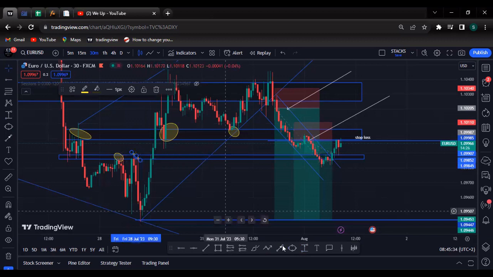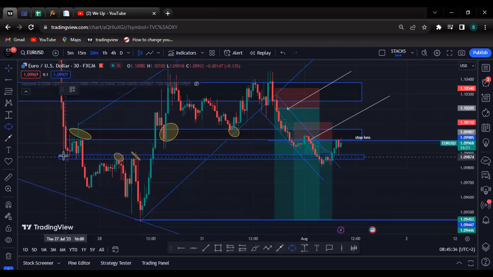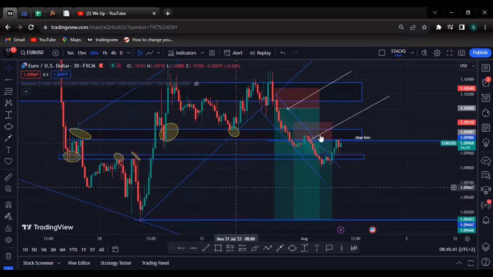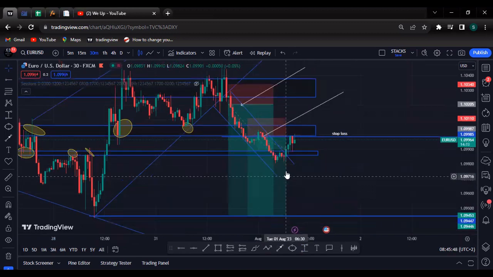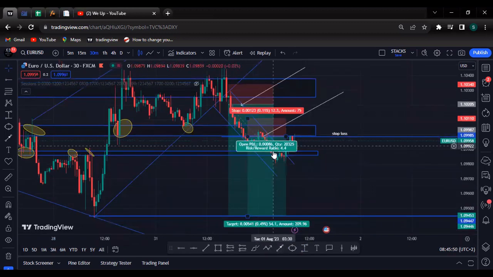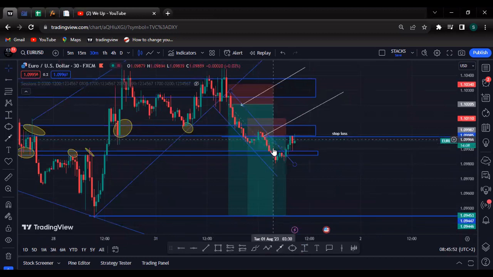Then over here, you can see it was support for a while also. And then once I saw that, I was like, okay, once we break below this and we retest, now I'm for sure definitely going to the downside, because this is what I was basically expecting.